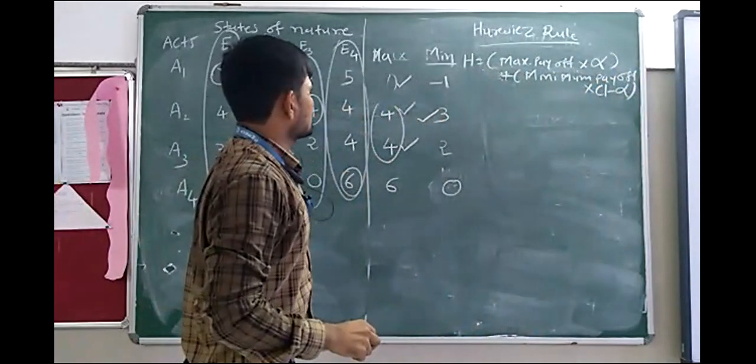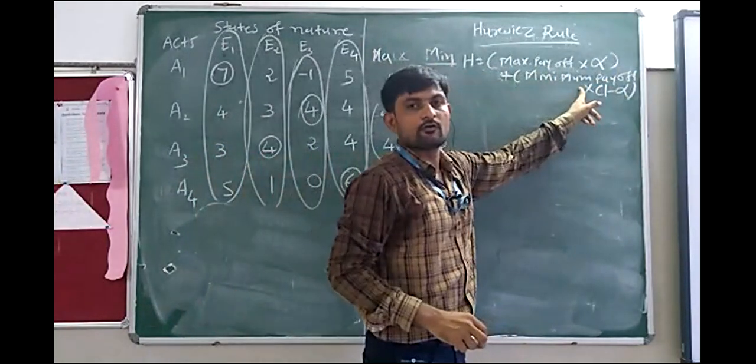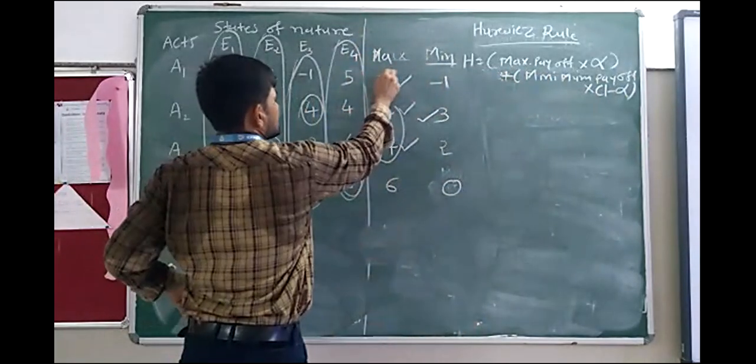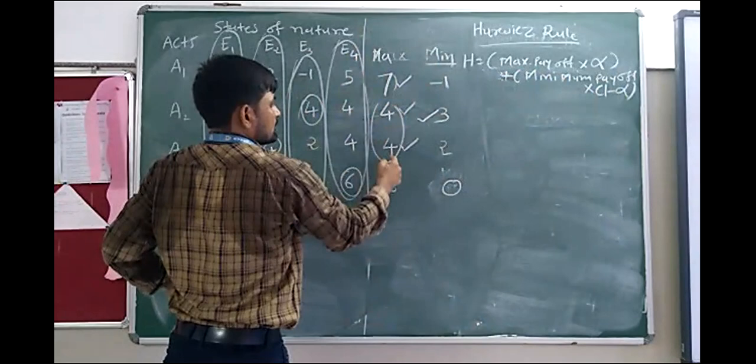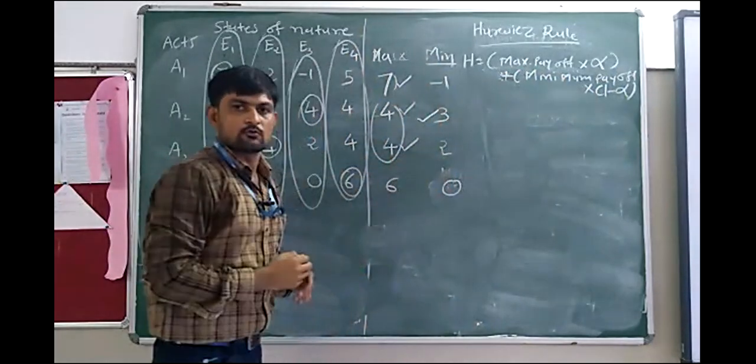Okay. So we'll first find the maximum payoff and minimum payoff for each and every act. Again, we have already found maximum is 7, 4, 4, 6, and minimum is -1, 3, 2, and 0.